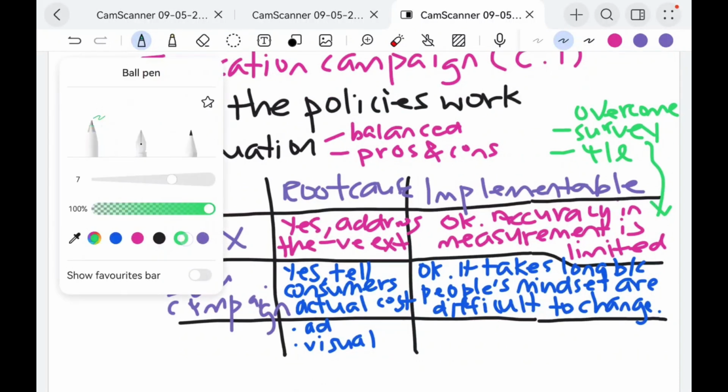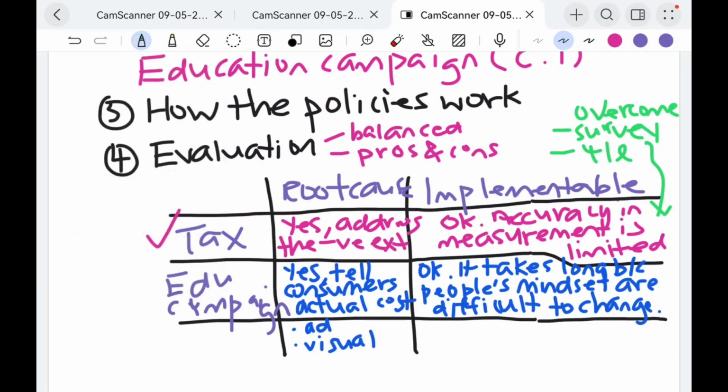So maybe some people are more convinced when they hear people's testimonial about, oh yeah, I'm a victim of the fast fashion clothes and it makes my skin very irritable, and once I stop wearing it, then my skin become better. So some people will be convinced by people's experience.